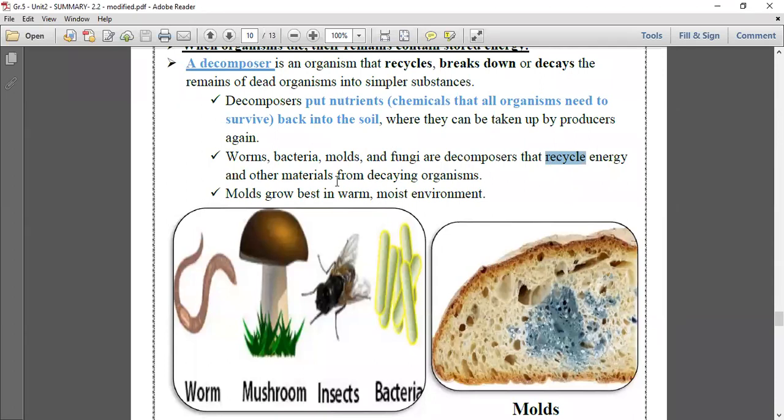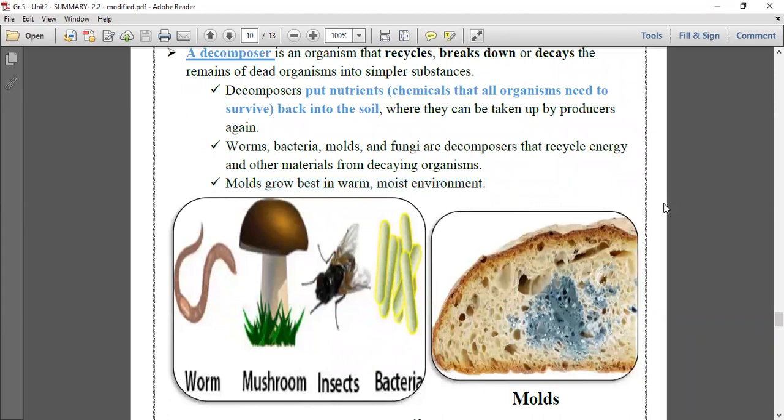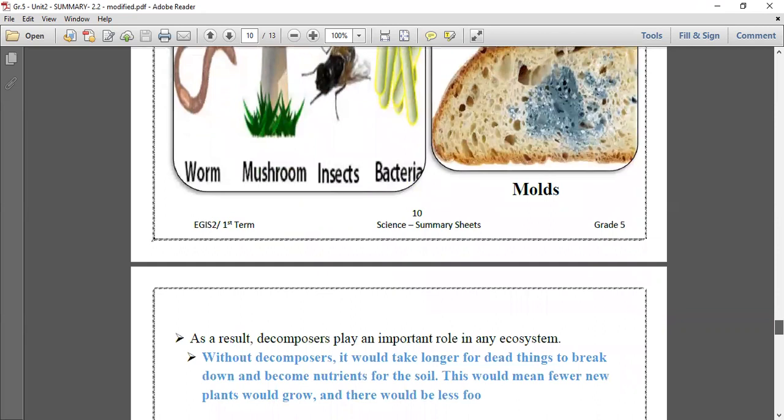The molds grow best in warm, moist environments. This is what we already figured out from the previous activity. So do you mean that the decomposers are important? Yes, they are very important.